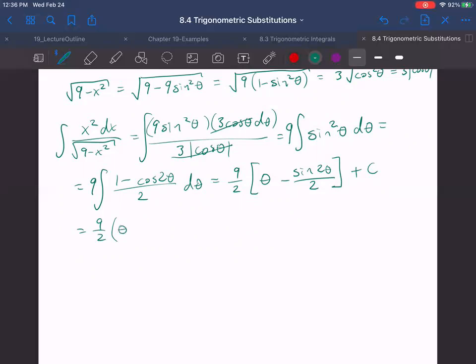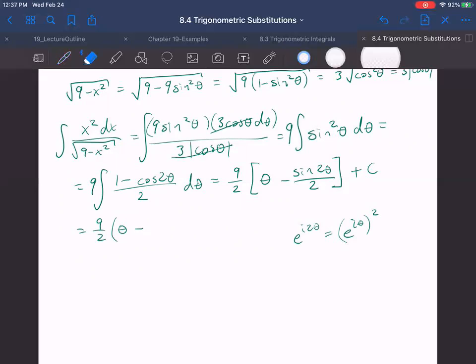So theta, anybody know a substitution for sine of 2 theta over 2? No? This is one I would use e to the i theta for coming up with. I do e to the i 2 theta equals e to the i theta squared, and I'd set those equal to each other, work out both sides, and it'll come out of that one.